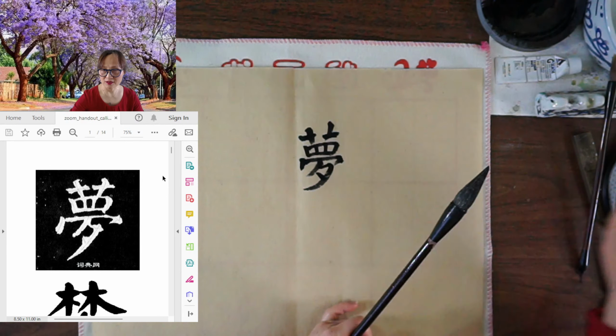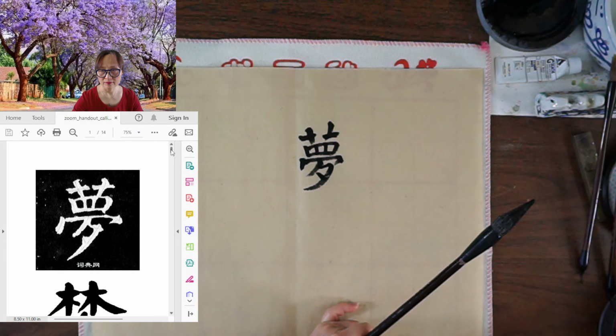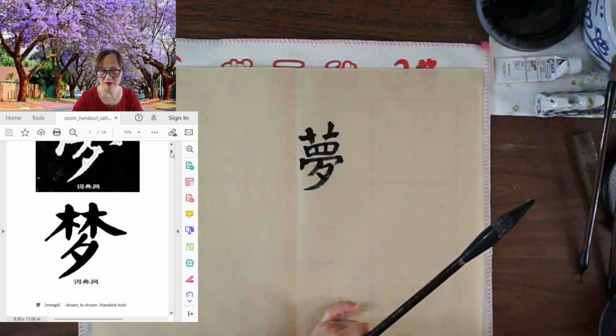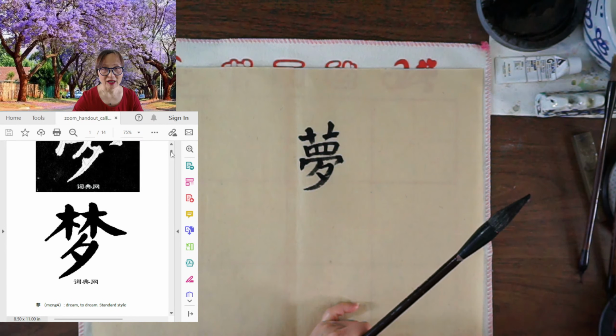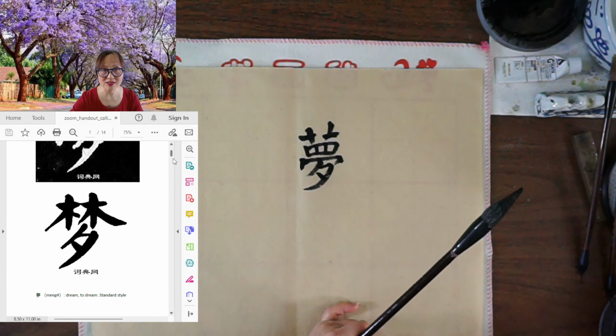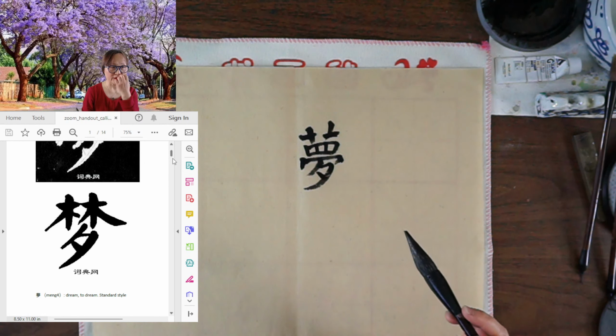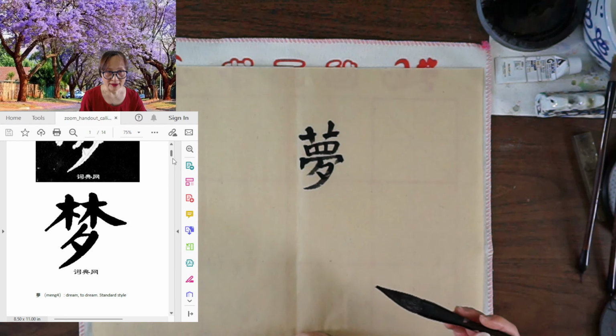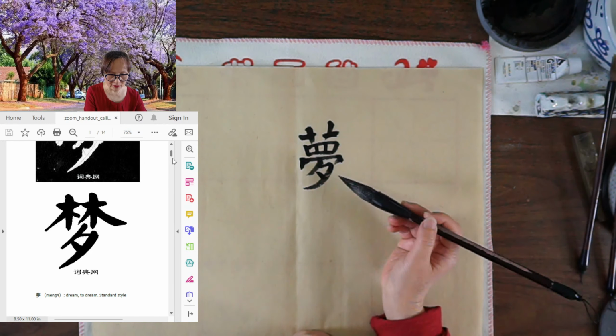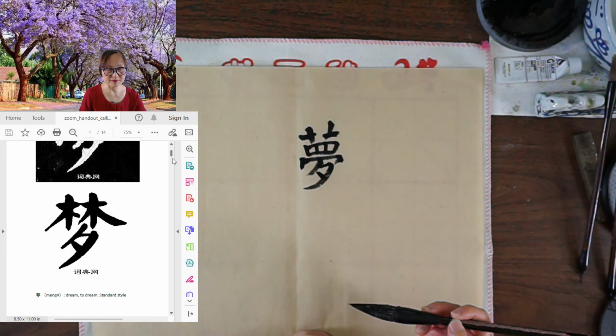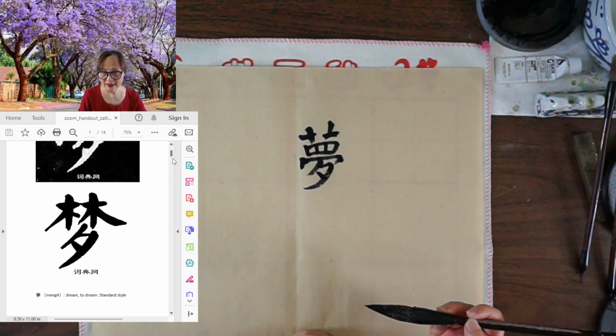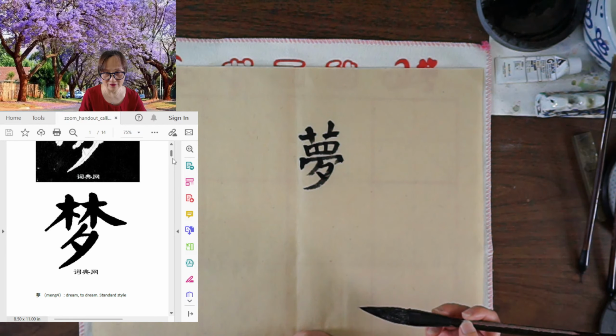Okay, let's go walking. Oh, actually, did you find this time I got two styles for this dream. The first one I wrote with more strokes, right? Obviously, and the second one is simplified.